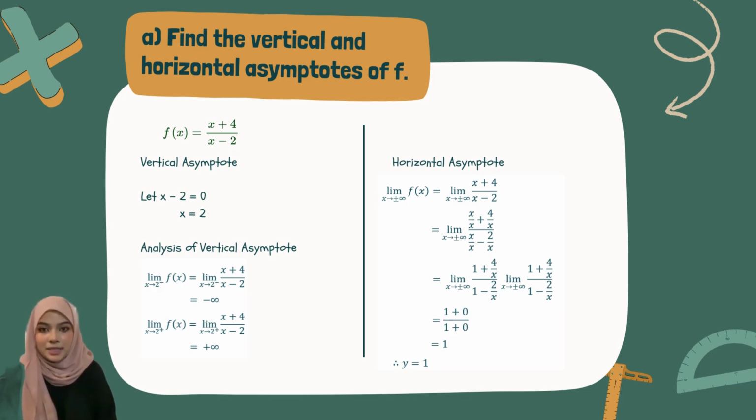So we have the limit as x approaches plus or minus infinity of x over x plus 4 over x, over x over x minus 2 over x, which is 1 plus 4 over x over 1 minus 2 over x. Substituting the value of x with infinity will give us 1 plus 0 over 1 minus 0, which is actually 1. So y equals 1 is the horizontal asymptote.